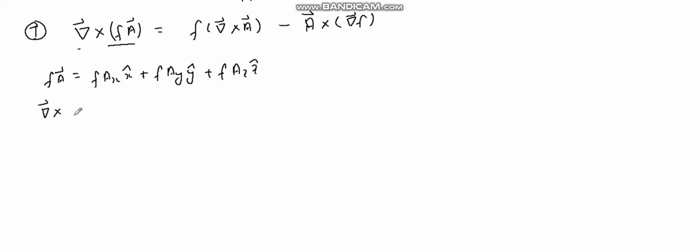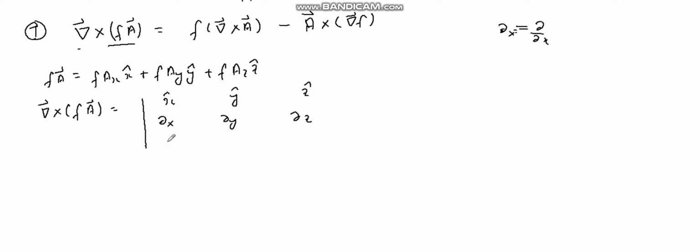Del cross f of a is going to be the determinant with x cap, y cap and z cap, then del x, del y and del z, and here we will write f of ax, f of ay, f of az.